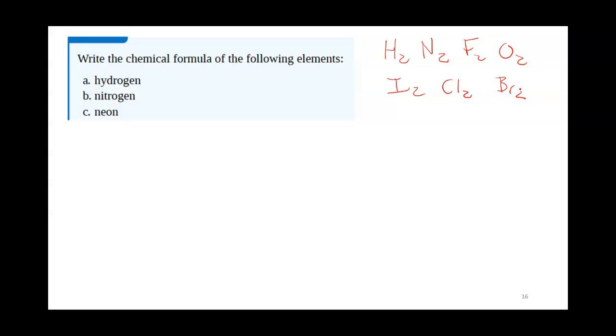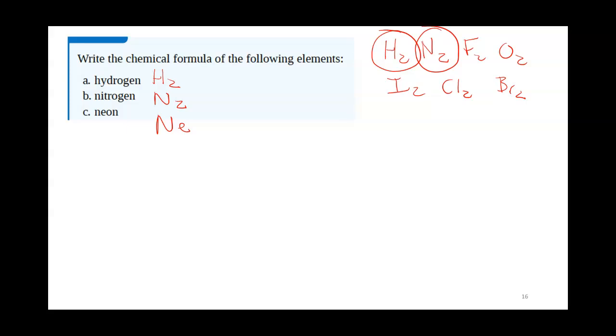And then what I see immediately is that hydrogen is H2, nitrogen is N2, and then because neon is not one of my diatomic 7, I know that it's what we call a monatomic element. It's just going to be a straight up neon atom.